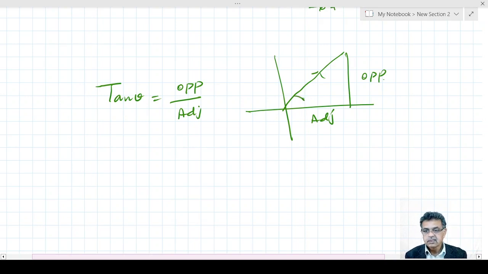So in the same grid, if we find the gradient, that will be rise over run, which is the same thing. That means you can relate tangent theta to the gradient. The gradient of a line on a grid is actually tangent theta.